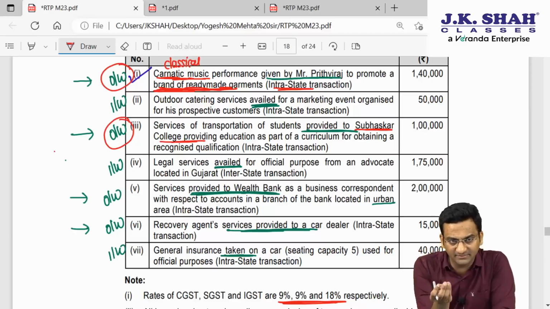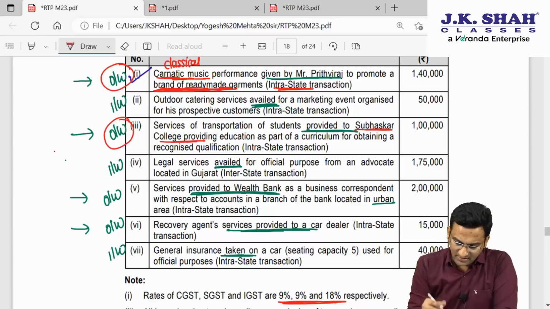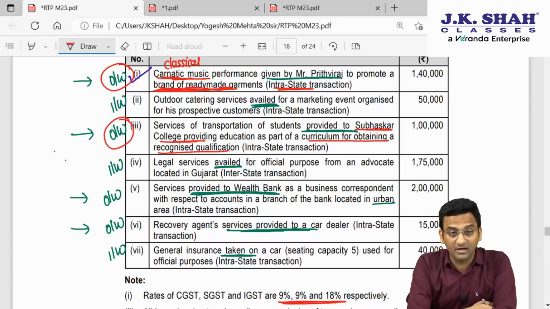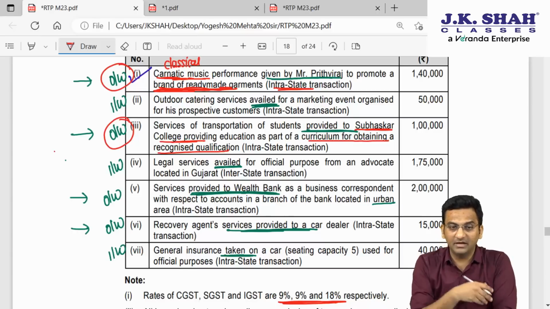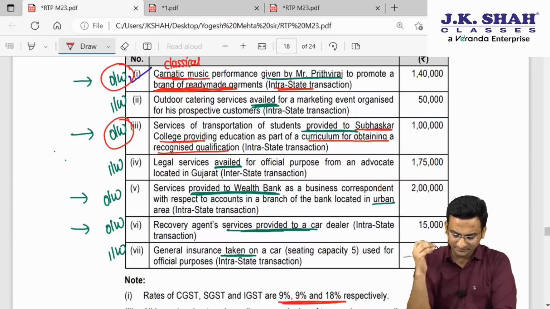But in this case, the transportation services are provided to Subhashkar College, which provides a curriculum for obtaining a recognized qualification. So the education provided by Subhashkar College is not a school, not up to HSC. So it will be taxable, friends.